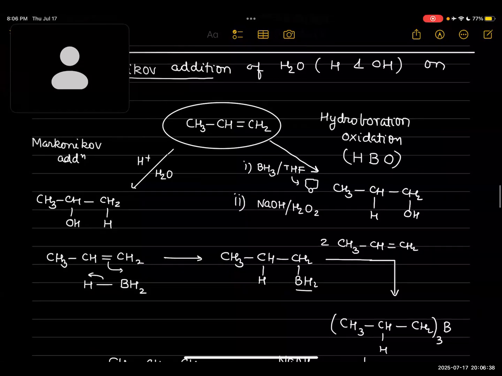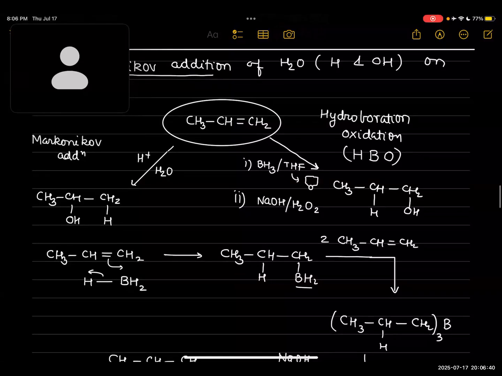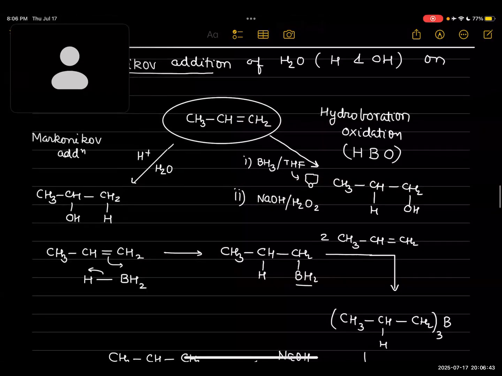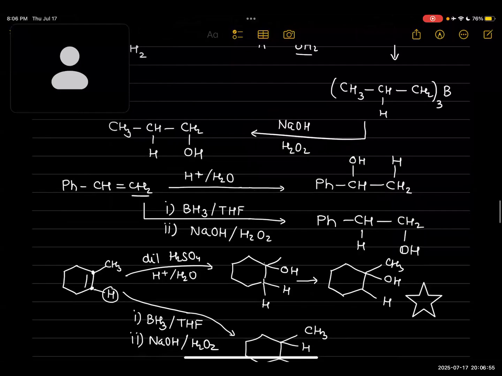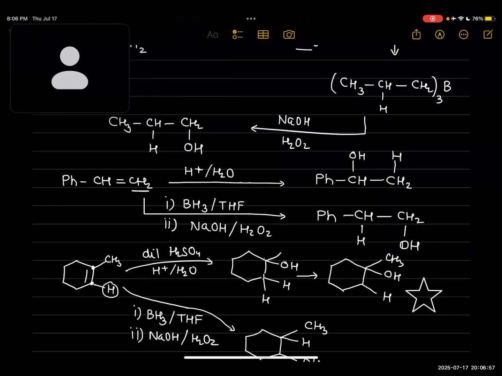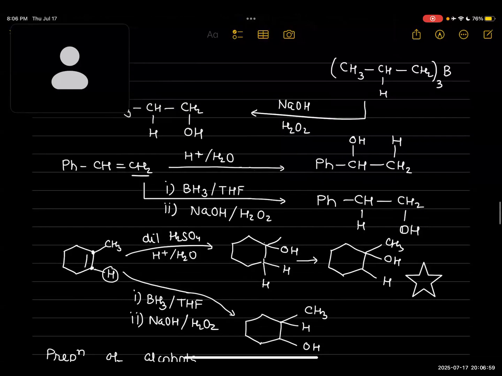Reacting an alkyl halide with magnesium metal in anhydrous ether. Yeah, exactly. You first prepare alkyl halide, right? And you react the alkyl halide with magnesium turnings in the presence of dry ether, because we should not have water in it.